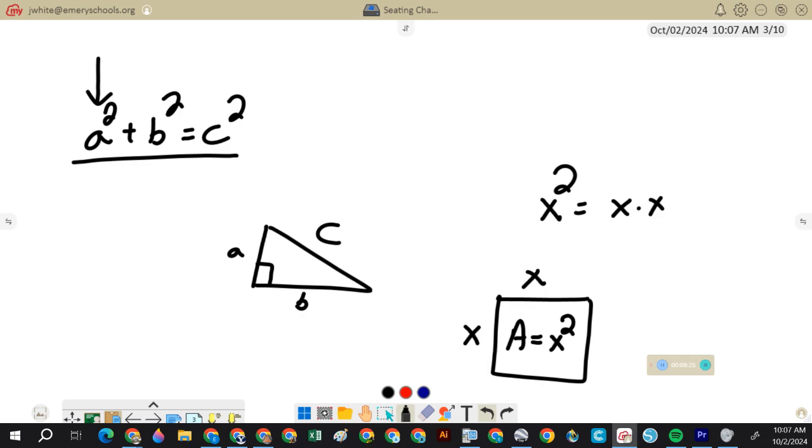A squared is going to be the area of, anybody have an idea? I love silence. What is a squared in this instance?